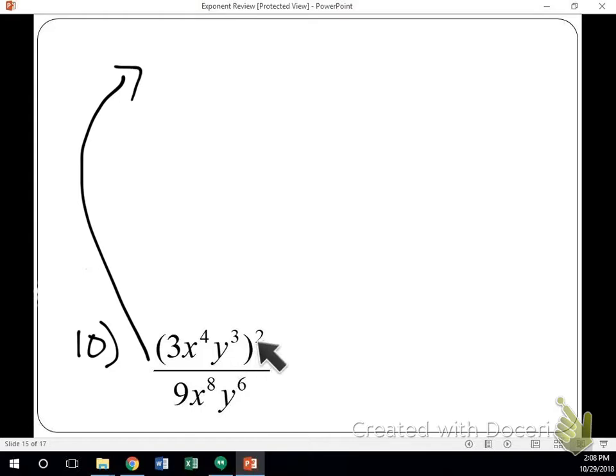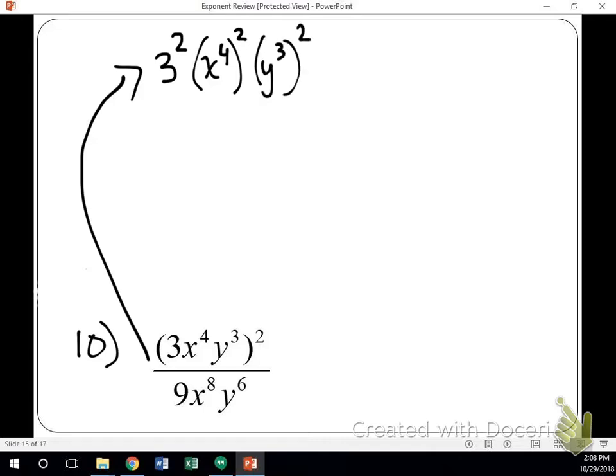So this exponent outside the parentheses in my numerator, that is what I want to work with first. So I'm going to take 3 squared, x to the 4th squared, y cubed squared. Divided by, there's nothing to simplify in my denominator, no parentheses, no extra exponents, no bases that are the same. So it just stays 9x to the 8th, y to the 6th.